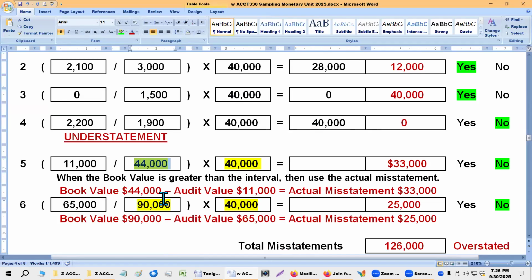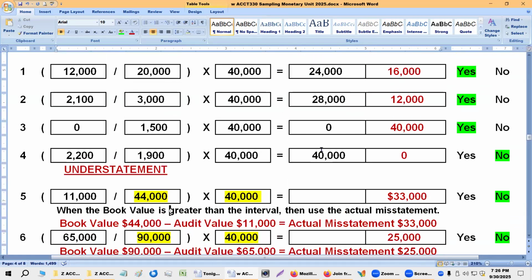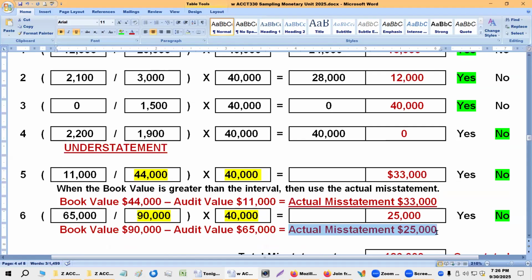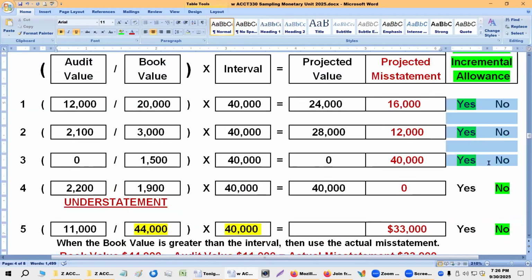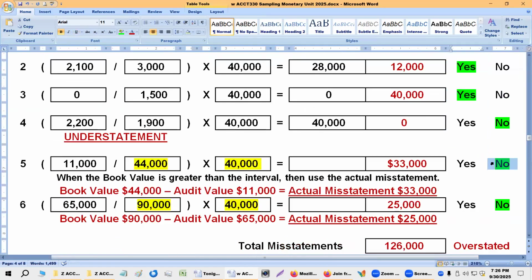So there could be nothing additionally wrong with that interval. It's not going to be an incremental allowance. And that's one of the reasons why we're using the actual misstatement. It couldn't be any more wrong than it already is. So these show possibilities of additional things being wrong, whereas these two, while they do have misstatements, couldn't get any worse.